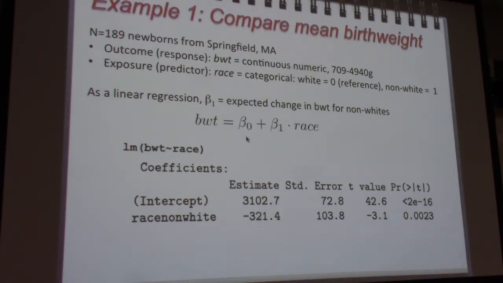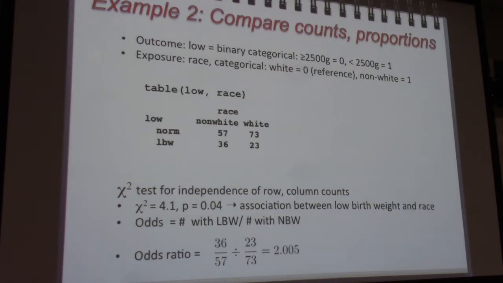And so if we frame this question as a regression, you'll see white babies are 3,102 grams, the difference is 320 grams, the t-statistic is 3.1, and the p-value is 0.002. So the point I'm trying to make here is not that these are similar tests, these are identical tests. So we could easily have framed our t-test as a linear regression and gotten the same results.